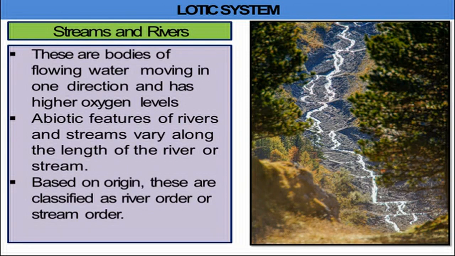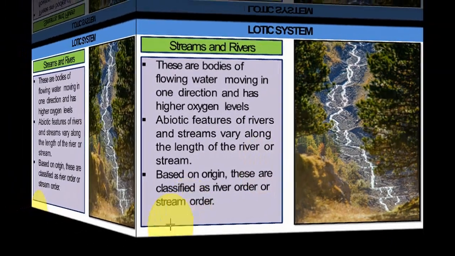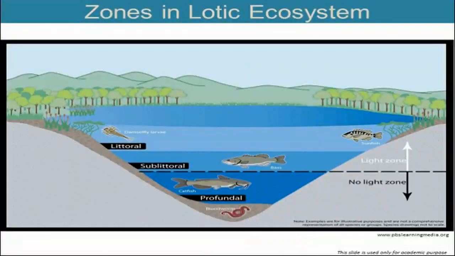Based on origin, these are classified as river order or stream order. As I told you, rivers are divided into different orders, and many times you can see streams are also ordered, and streams at a higher order may be termed as rivers. Now the zones of a Lotic ecosystem you can find here. This is a river.